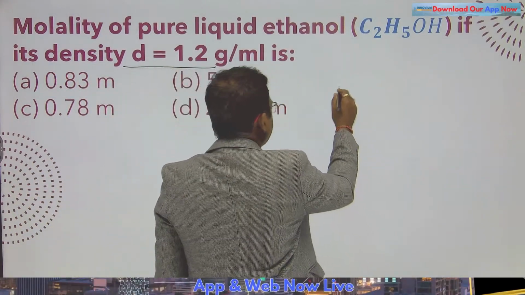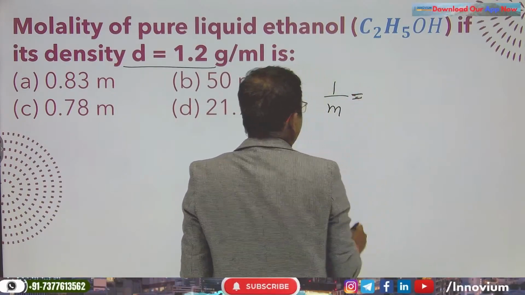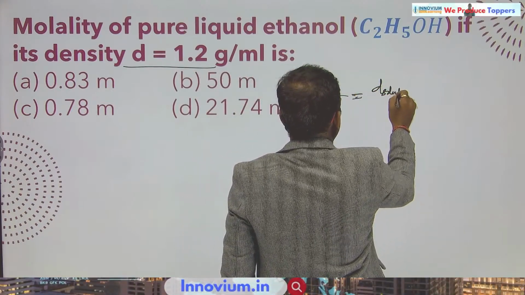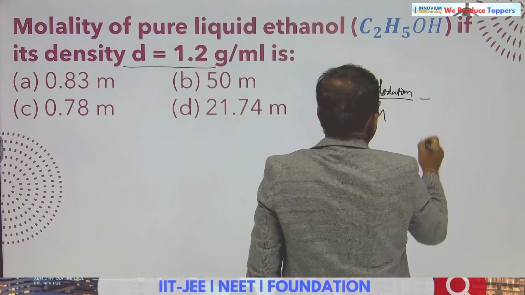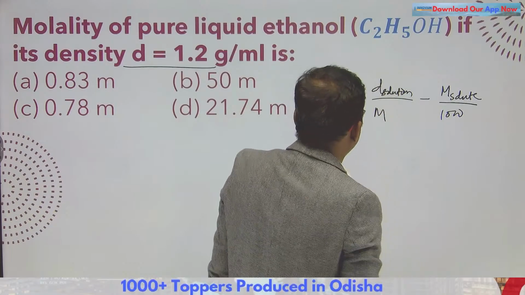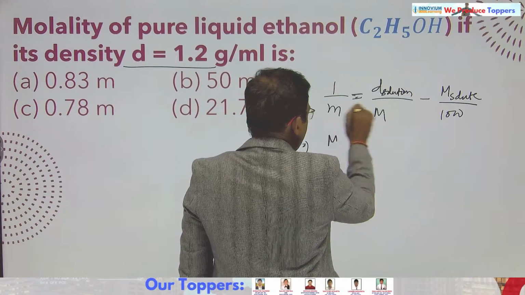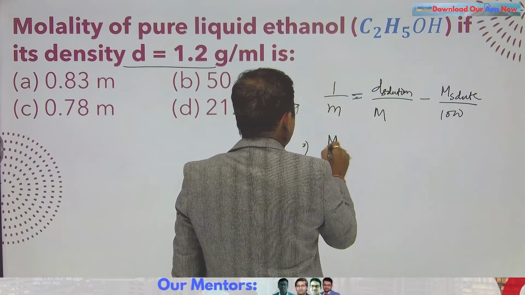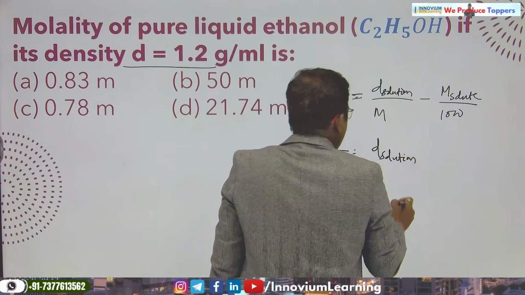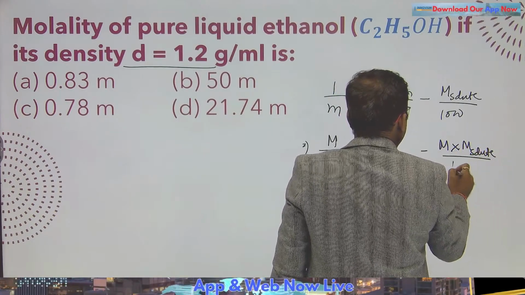The expression for the relationship between molality and molarity is density of solution by molarity minus molar mass of solute by 1000. If you multiply this expression with molarity, you get molarity by molality, which is density of solution minus molarity multiplied with molar mass of solute by 1000.